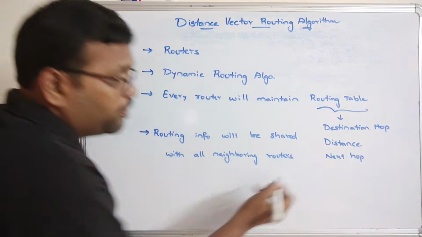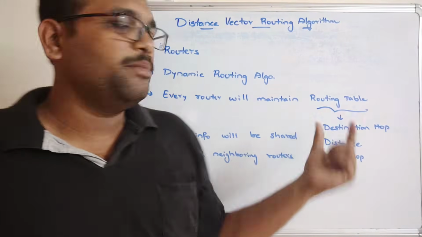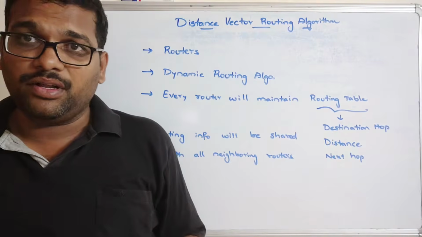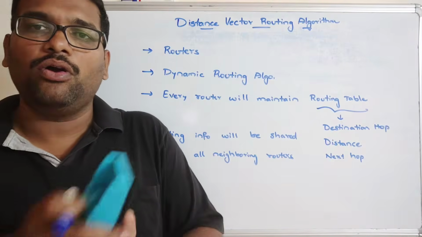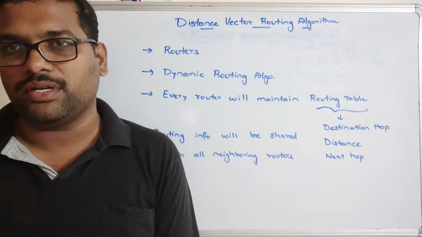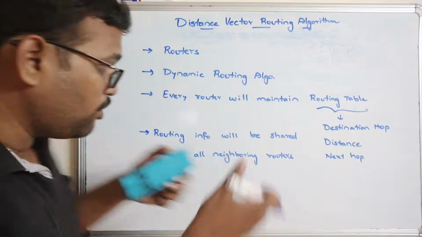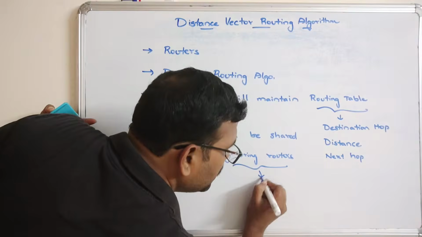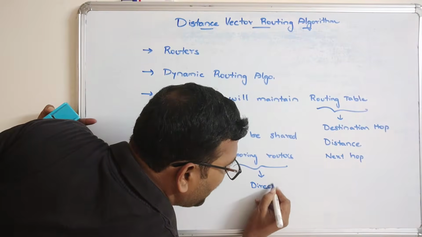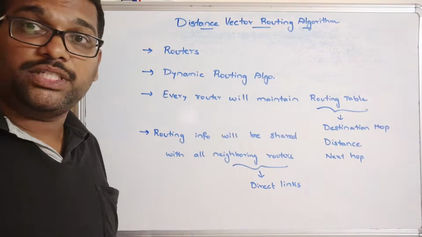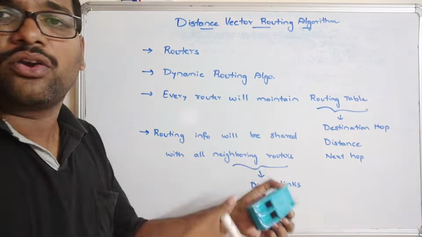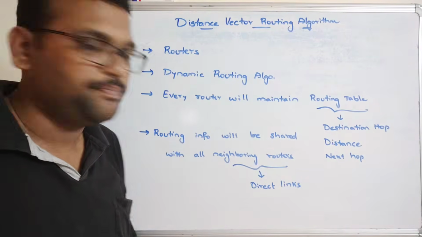So this is most important. Whatever routing information is maintained by each and every router will be shared among all the neighboring routers, only the neighboring routers. Neighboring routers means the routers which have direct links. The routers which have a direct link are called neighboring routers.